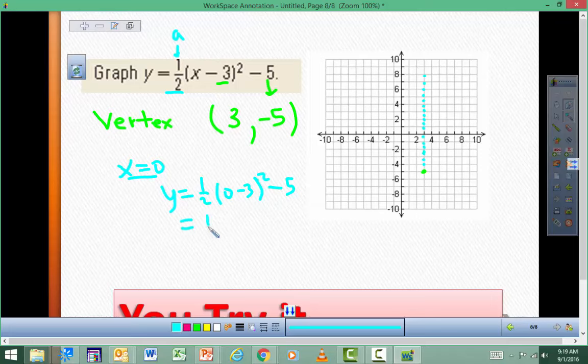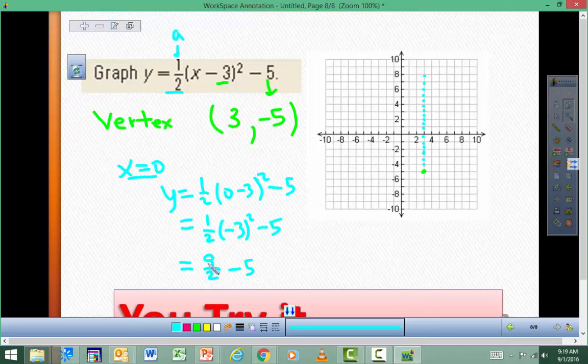This is going to be 1/2 times negative 3 squared minus 5. Now, I don't know how good you are with fractions, but that's going to give you positive 9, right? So this is going to give you 9/2 minus 5. And again, 9/2 is actually 4.5. Right?